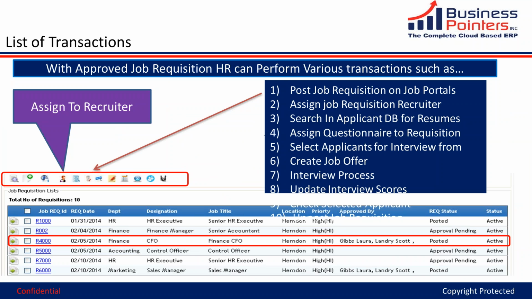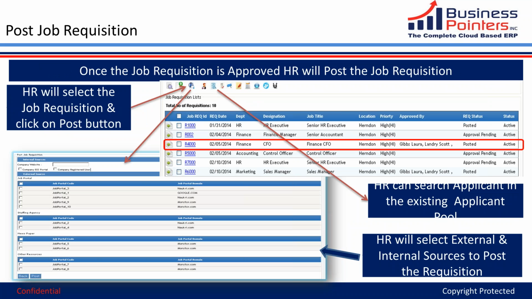Besides this, it also offers a lot of benefits, like you can send out additional questionnaires, assign it to a recruiter, give a target fulfillment time, and so on, and even create a job offer.